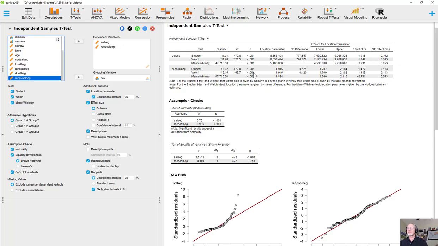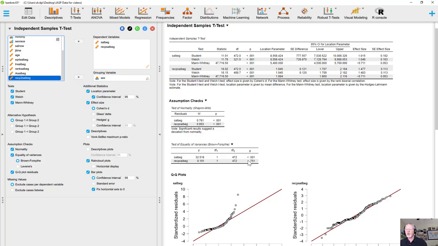Notice that the Welch version of that is showing it to be significant, but we don't need the Welch on this because when we look at our reciprocal, notice that it's non-significant here.